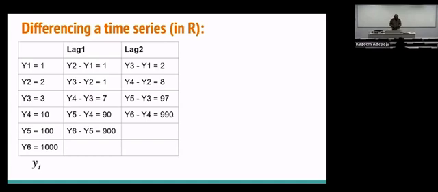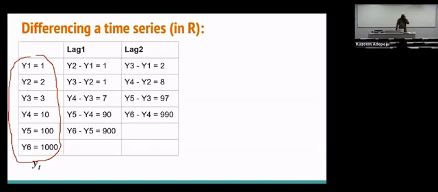Now take a look at the set of data that we have, which is this here. Let's assume that the data set is not stationary, and we now want to difference.